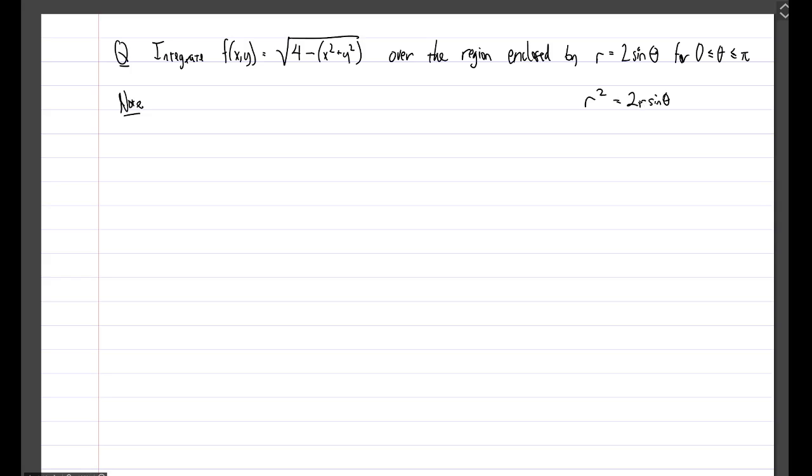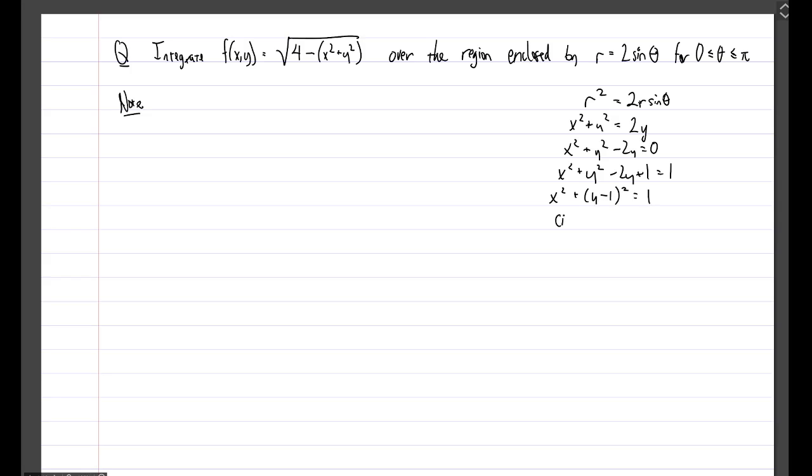So this is x squared plus y squared equals 2y, since y replaces r sine theta. So x squared plus y squared minus 2y equals 0, and by completing the square, adding 1 to both sides, we have x squared plus quantity y minus 1 squared is equal to 1.